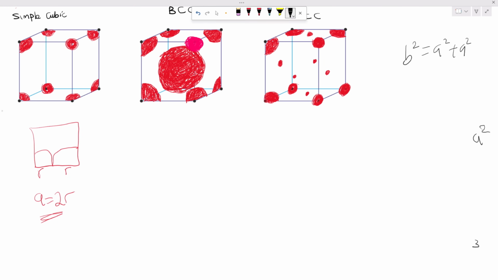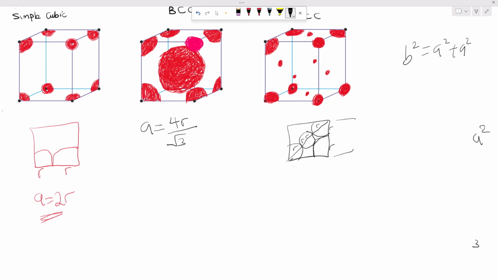So I'll be erasing all of this. So here we know our A is equal to 4R over root 3. So for this guy, I think we don't really need to solve. Remember I said an atom on the face, then we have radius and another radius. So again, it's 4R's. So we have double R, and R. Then remember my drawing is always bad, so we have an R here and an R here.